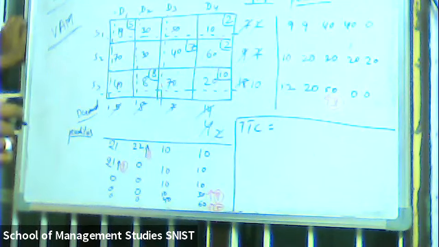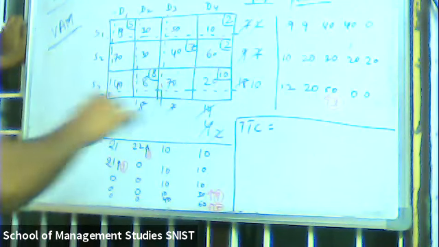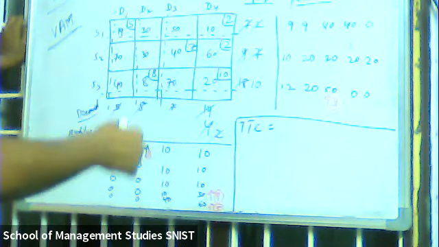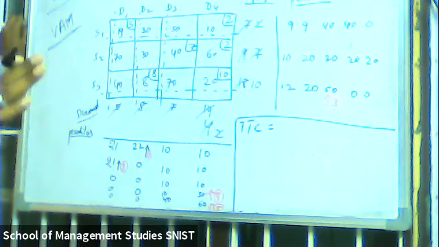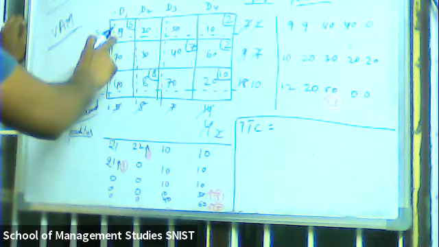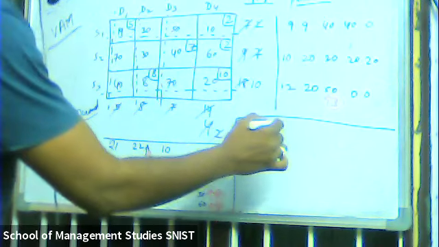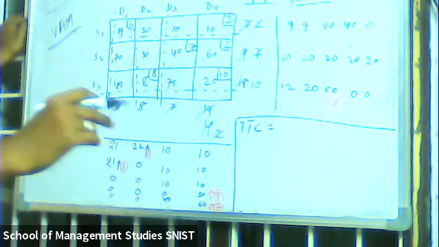When you are adding the values, maybe you will make some mistakes. So don't do that. Instead of taking 19 into 5, maybe you will write 9 into 5, then you will get the wrong answer.